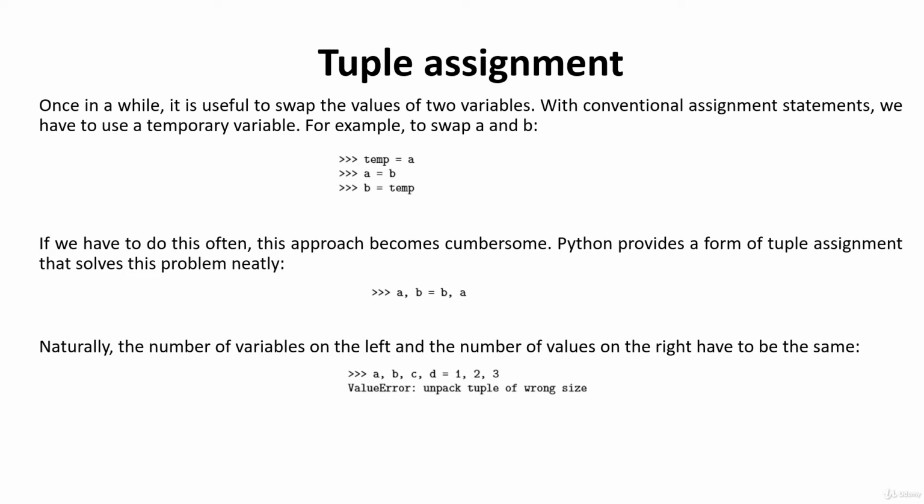Each value is assigned to its respective variable. All the expressions on the right side are evaluated before any of the assignments. This feature makes tuple assignment quite versatile. Naturally, the number of variables on the left and the number of values on the right have to be the same.